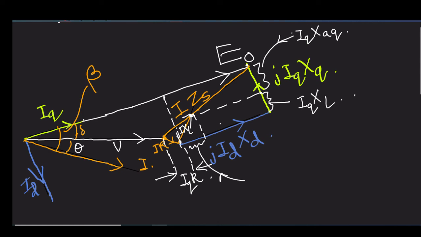This part is your ID XL, and this part is your ID XAD. Correct?